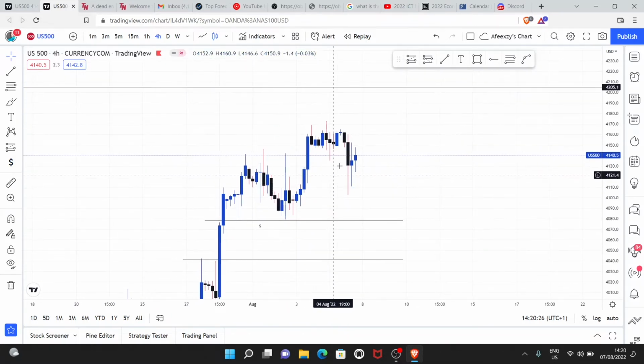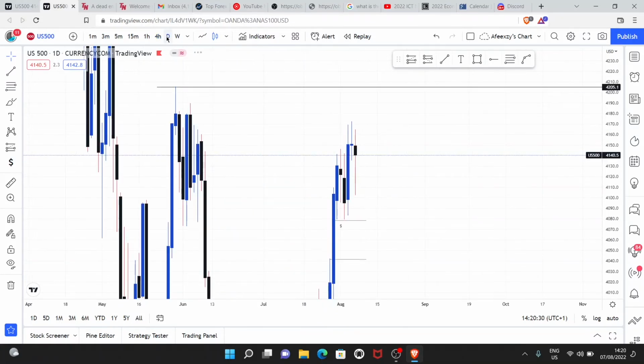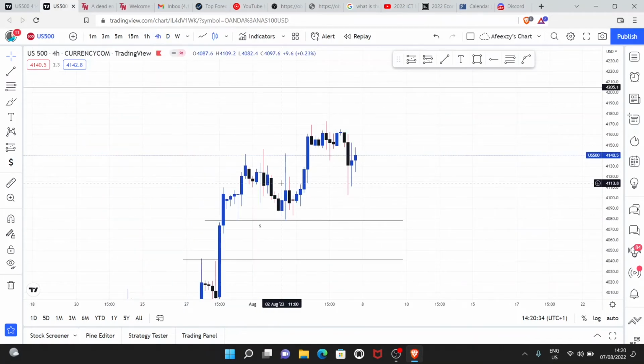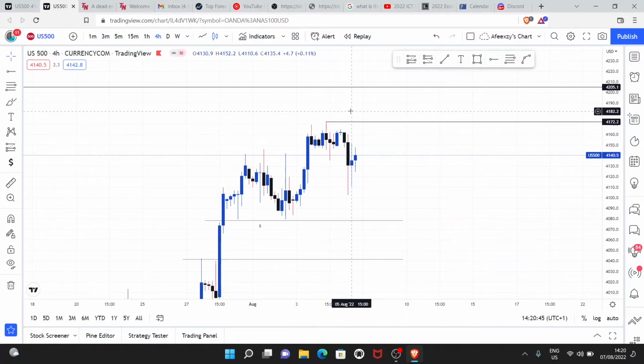Then on our 4-hour time frame, there's nothing really happening here. This is a potential buy side liquidity on our 4-hour time frame.